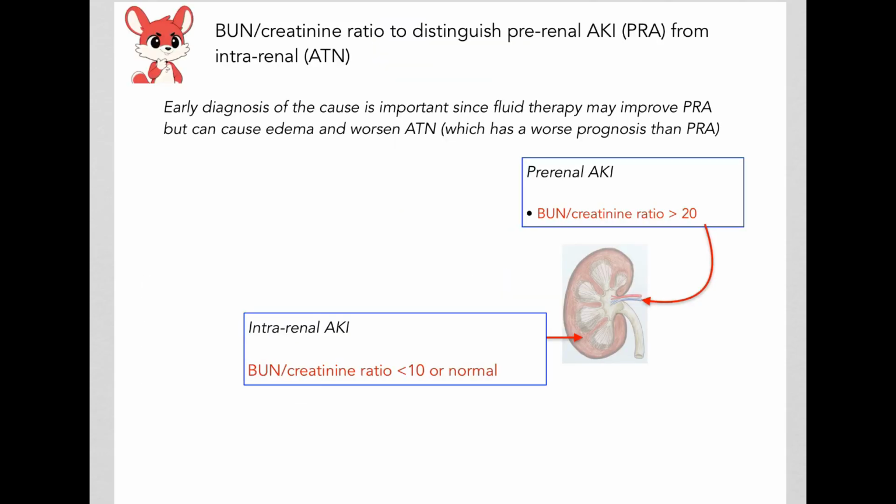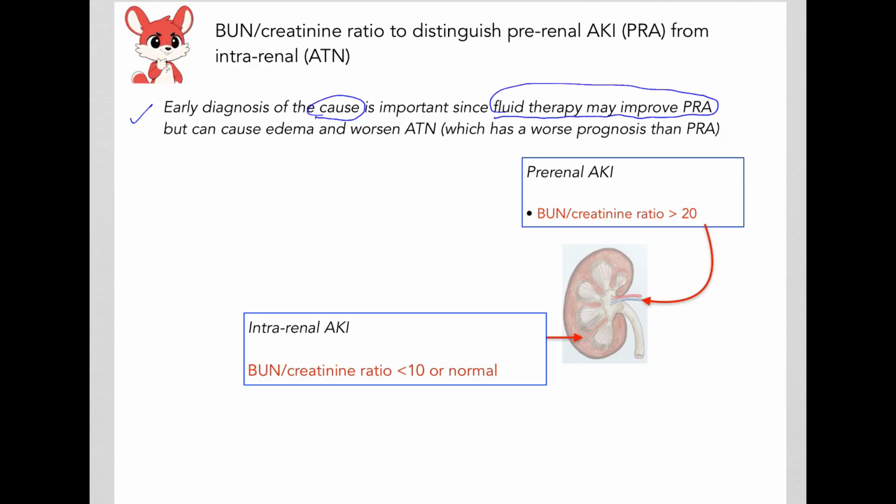So one of the important applications of the BUN creatinine ratio is to distinguish pre-renal AKI, that's the pre-renal azotemia, from intra-renal, especially acute tubular necrosis. Now, this is important because early diagnosis of the cause is important because fluid therapy may improve the pre-renal azotemia.